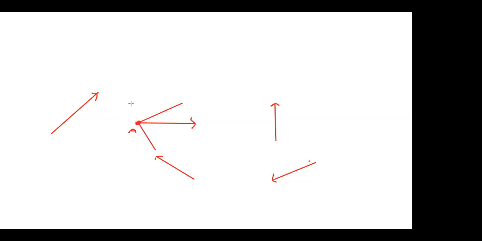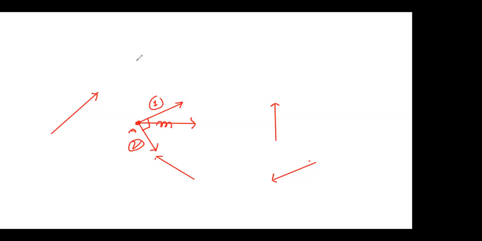These two vectors which I have drawn here from same starting point, they are called as rectangular components of given vector. These two are perpendicular to each other.